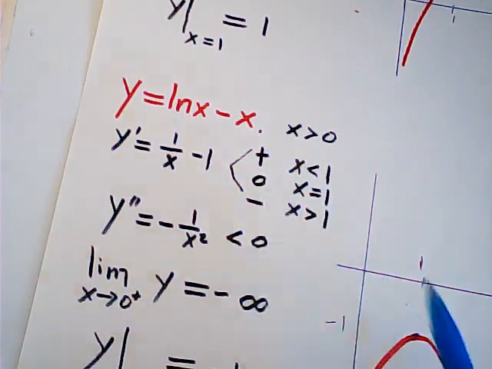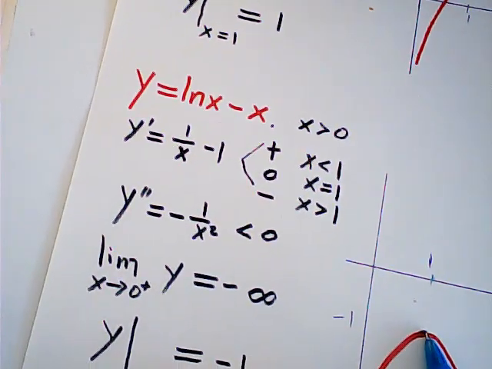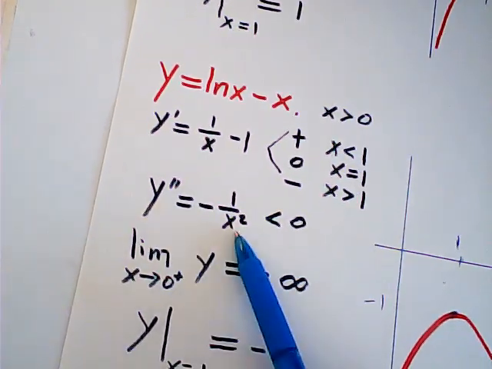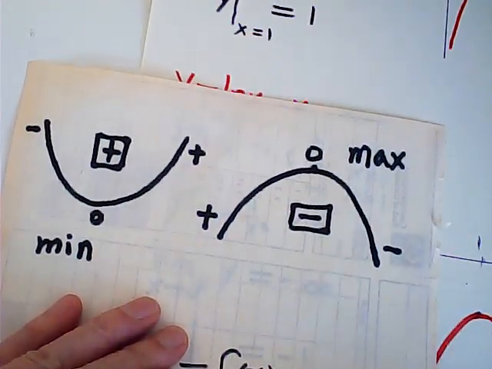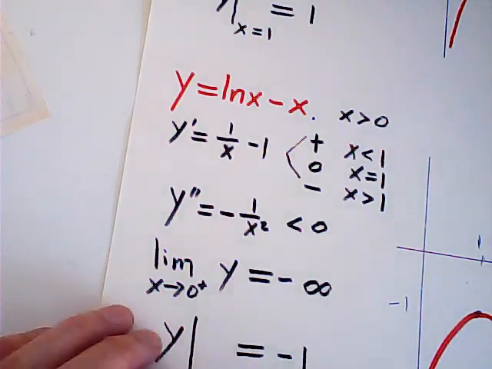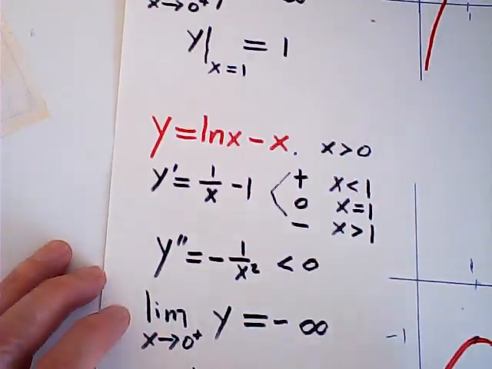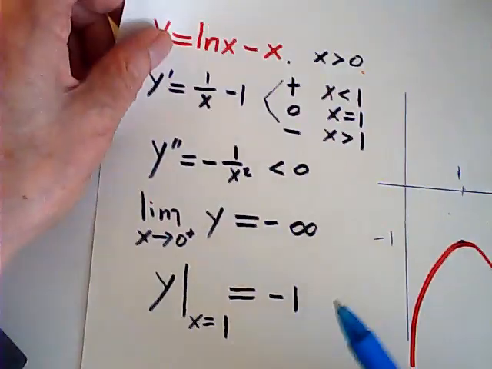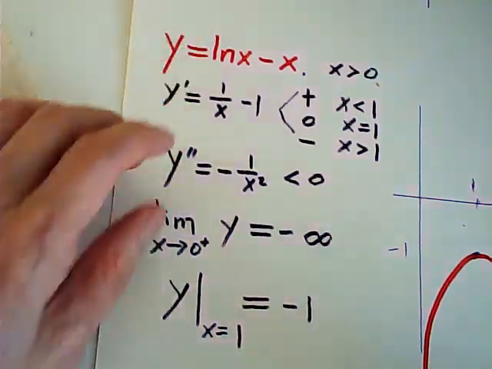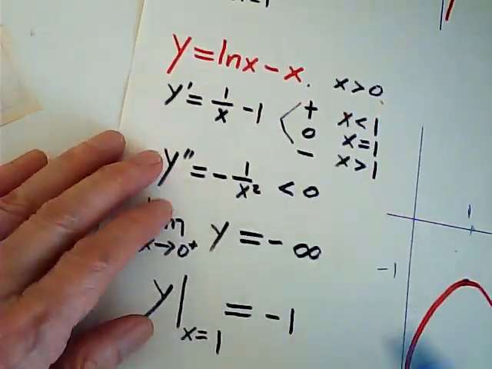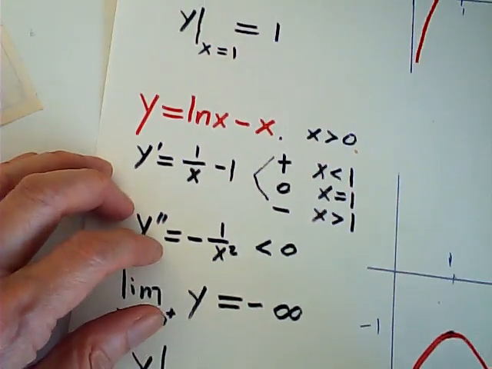At 1 the derivative is 0, which is the maximum. The second derivative is negative, so the shape looks like this. These considerations are very useful to sketch the curve.